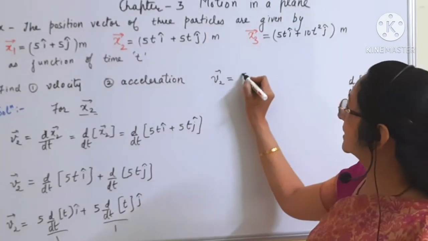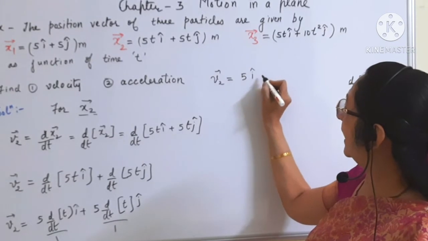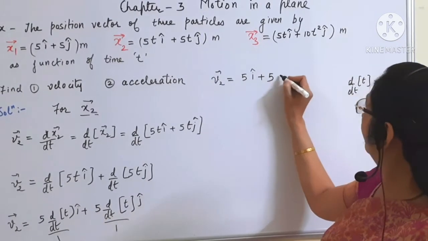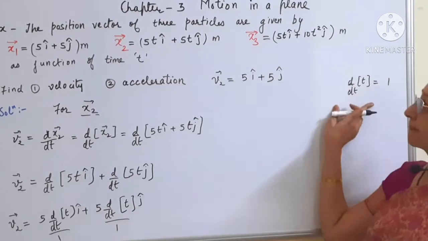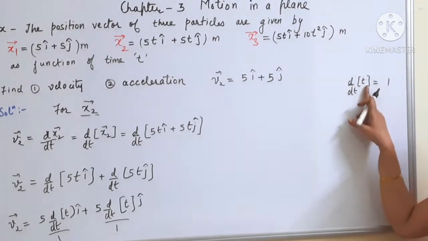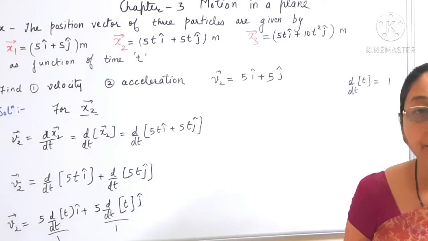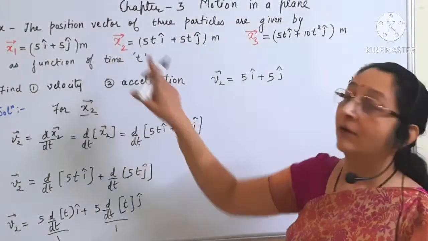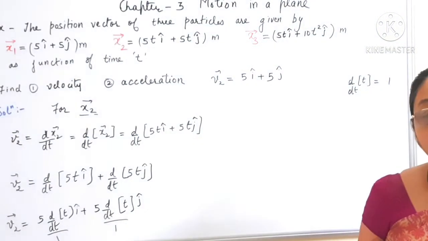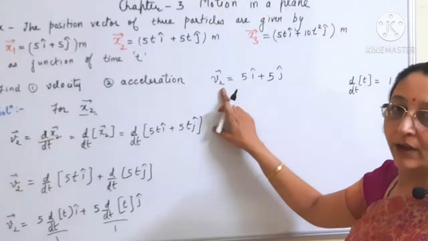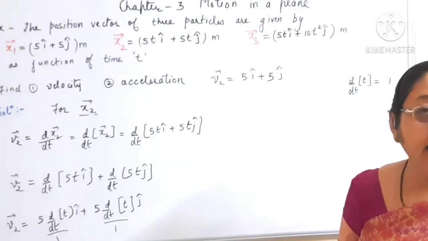So we get the answer 5i plus 5j, because ddt of t is 1. So this is the velocity of the particle having position vector x2. So we have found v2, the velocity.